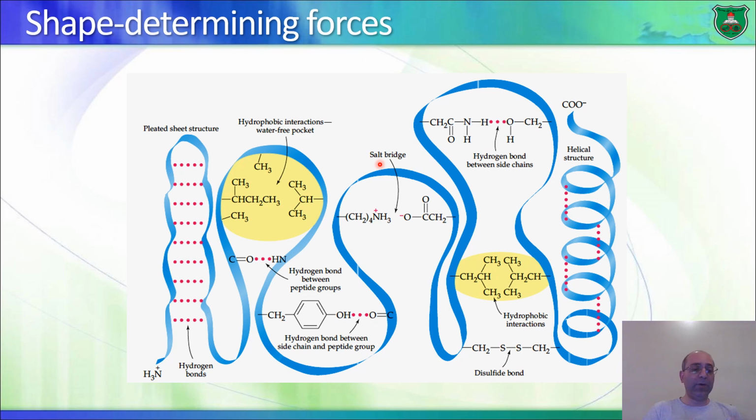But when we're talking about amino acid residues being part of a protein, and you have this electrostatic interaction, we call it a salt bridge. Okay. Again, you can have these hydrophobic interactions. You can also have a disulfide bond formed between two cysteine residues. Okay, and we'll talk about this as well.